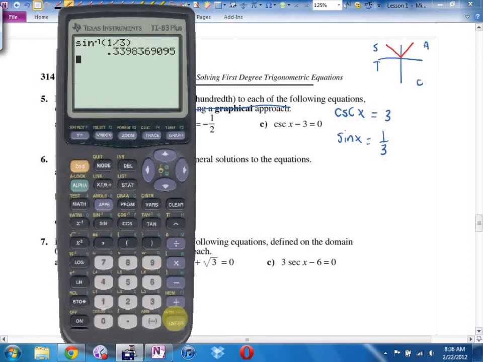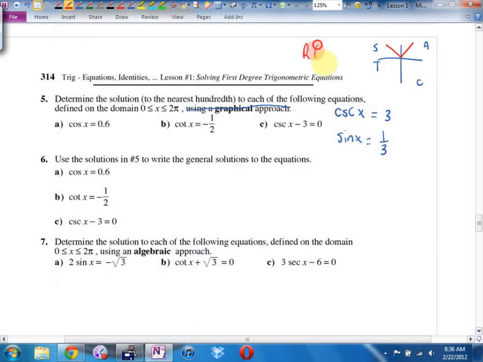The reference angle is 0.3398, no matter how I round that off, it's going to be 0.34. So that angle is 0.34, and that angle is 0.34. So my theta 1 is going to be 0.34.